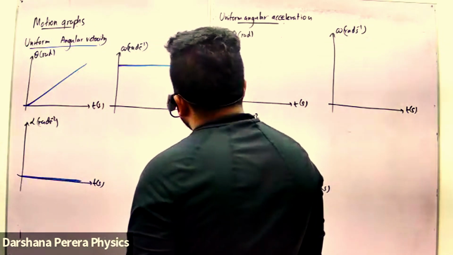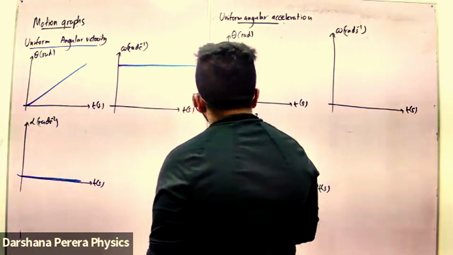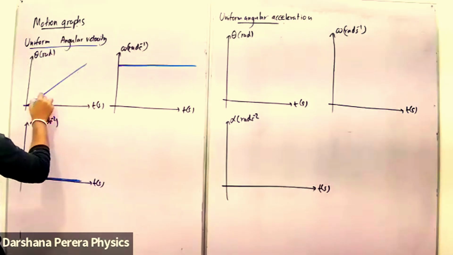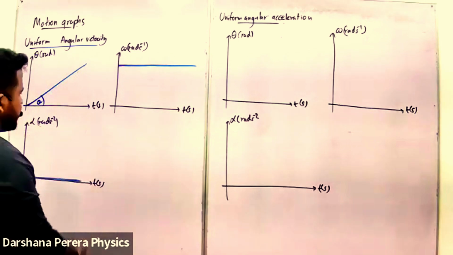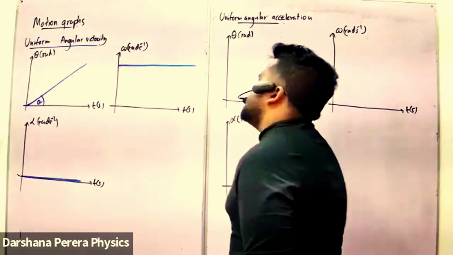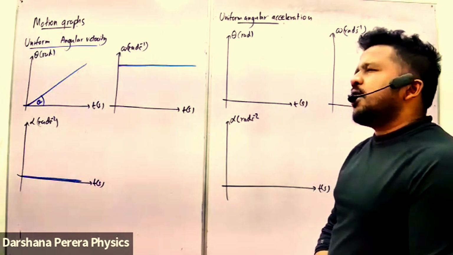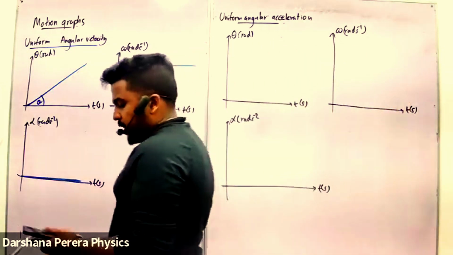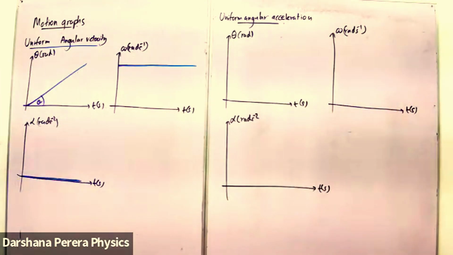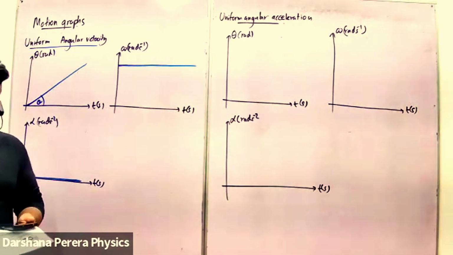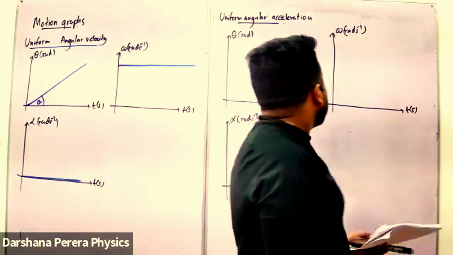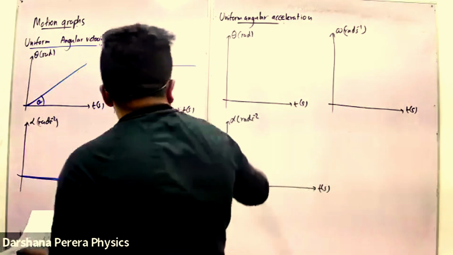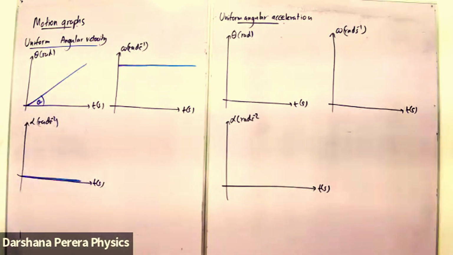Theta t graph. How can we find the theta t graph? Right, it's okay. Then write down the problem. Draw the theta t, omega t, alpha t graph for uniform acceleration. Draw the graph.